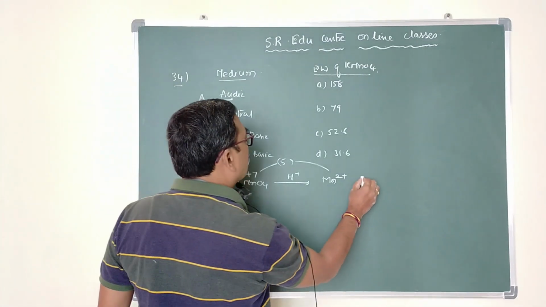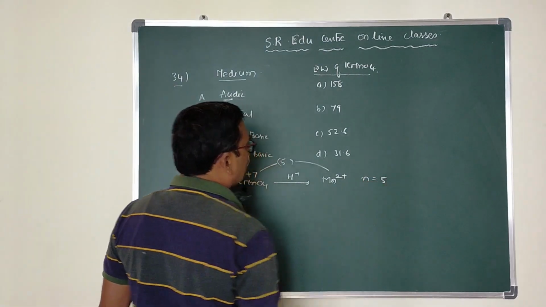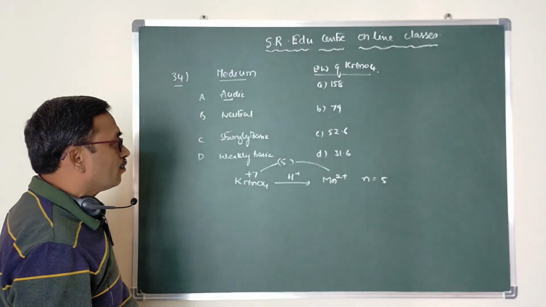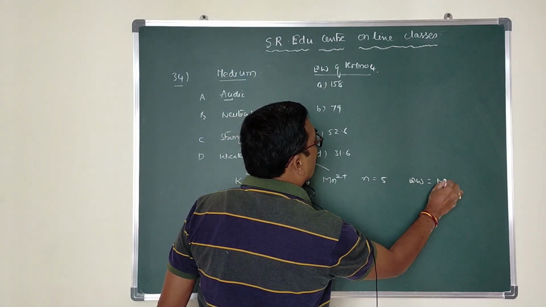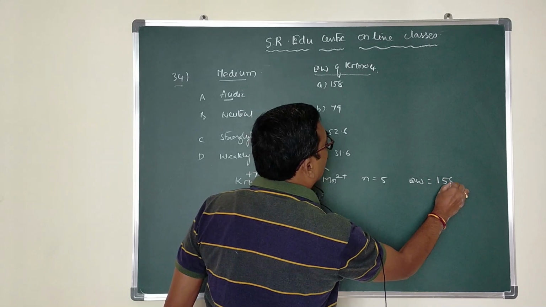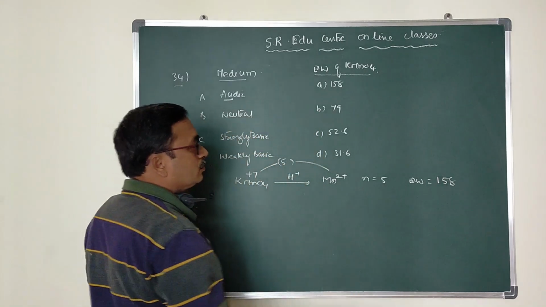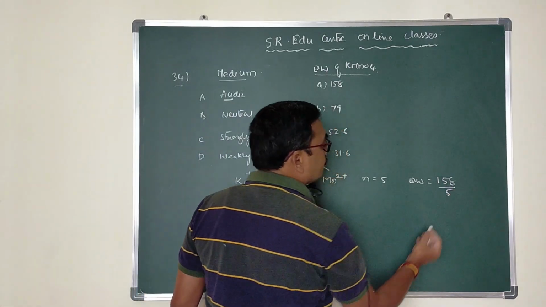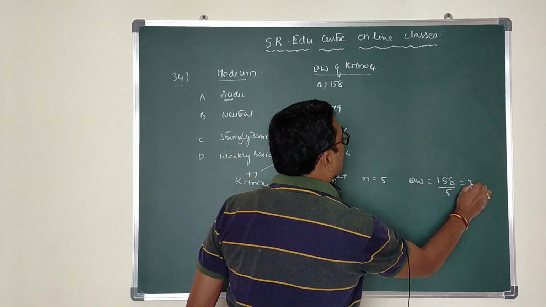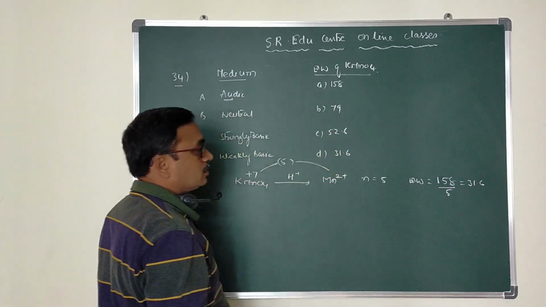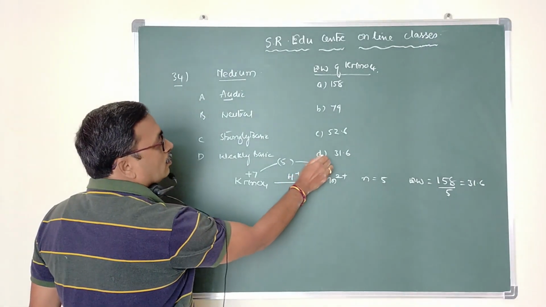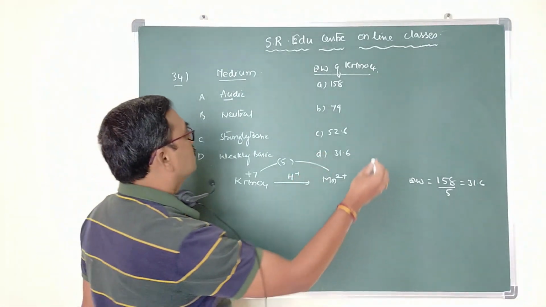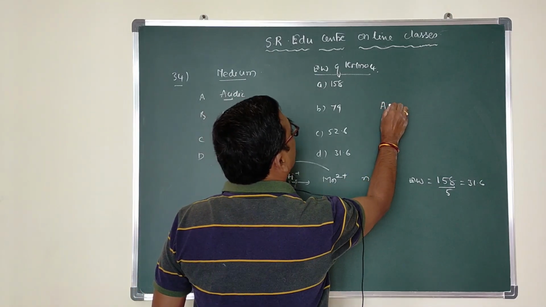So here the n factor is 5. Hence, equivalent weight is equal to molecular weight, 158 by 5, which on simplification gives 31.6. So in acidic medium, the answer is 31.6. So A matches with small d.